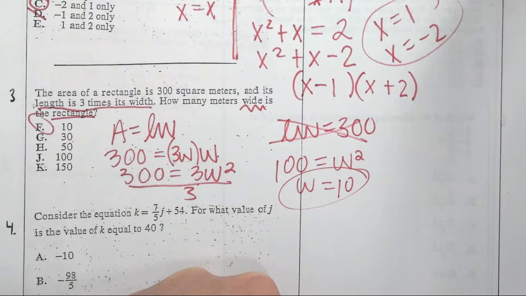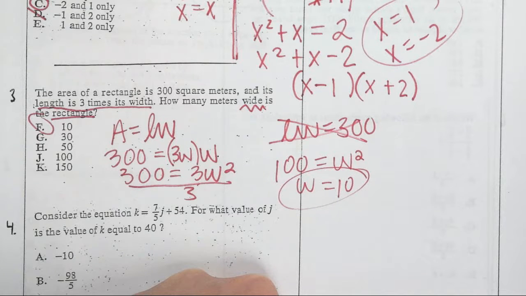Wait, I get what you're saying. Because it's asking for width, not length. It says how many meters wide is the rectangle. Yes. So we're solving for... Never mind. Okay. No, go ahead. Well, I was thinking because it said wide and length was what was 3 times.